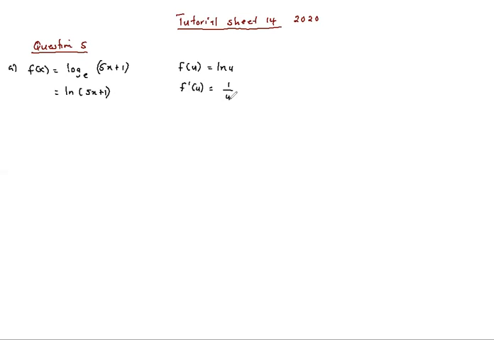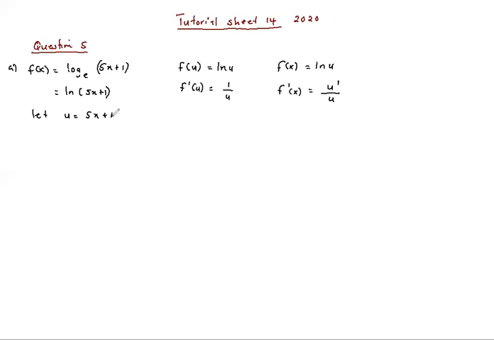If I'm given f of x is equal to ln u, where u is a function of x, the derivative of f with respect to x is going to be the derivative of u divided by u itself. So in our case here, we let u be 5x plus 1.